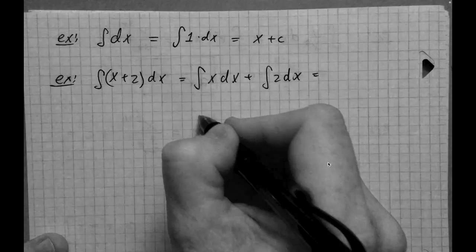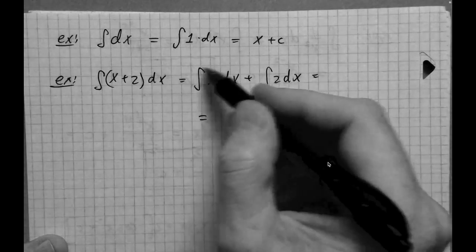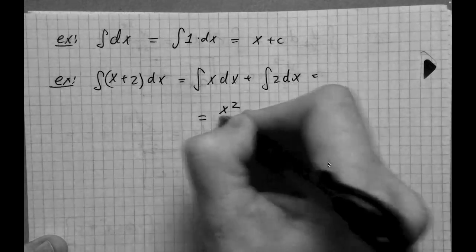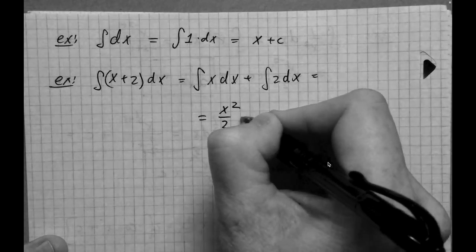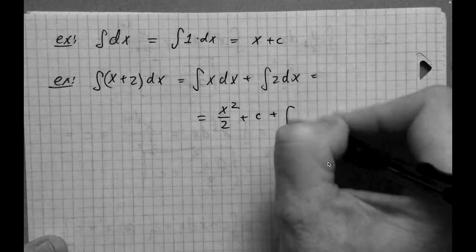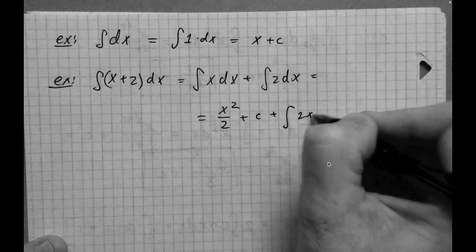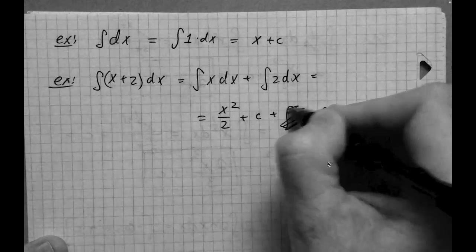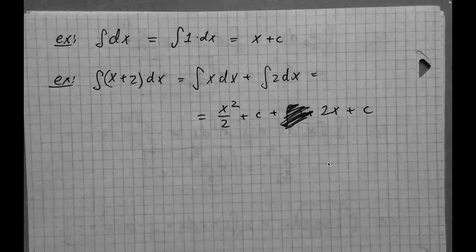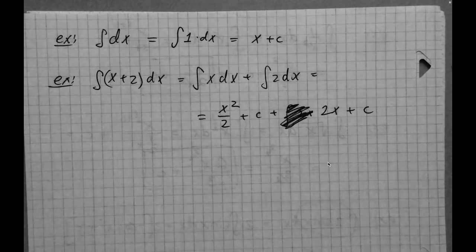And break them apart. And what do you get here? You get x squared over 2, and then technically plus c. And then over here you get 2x plus c.